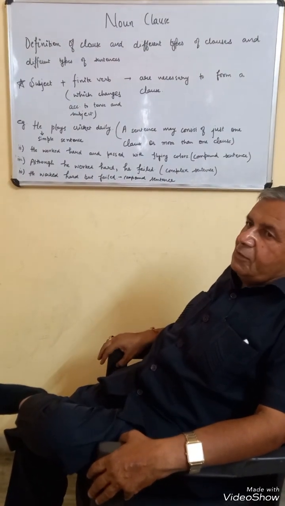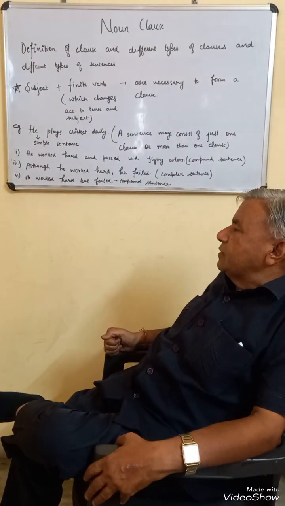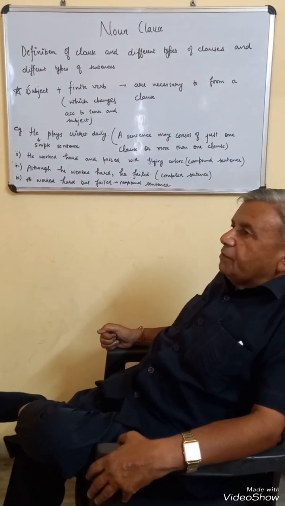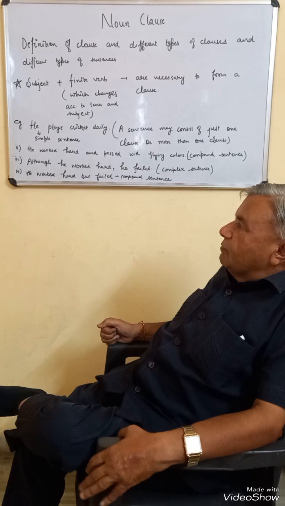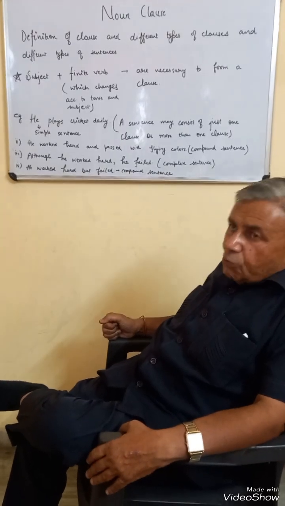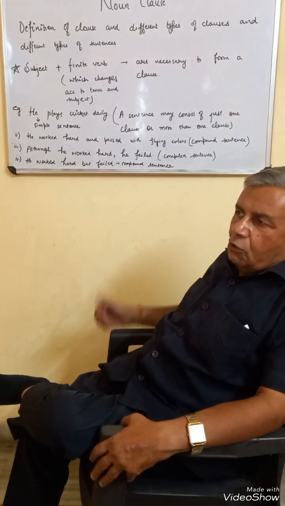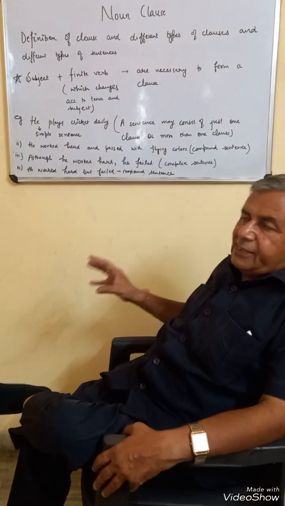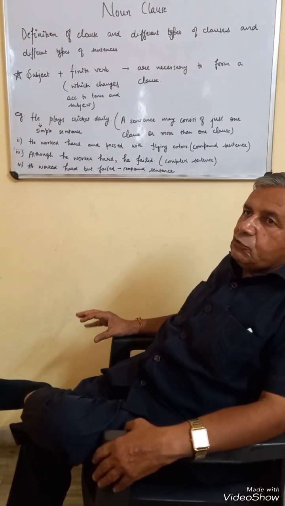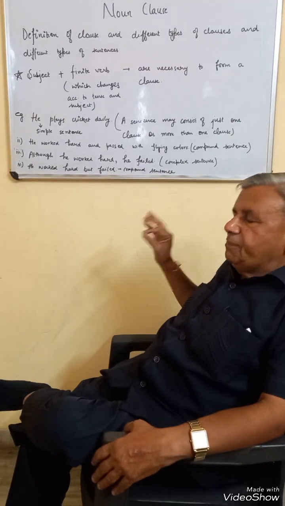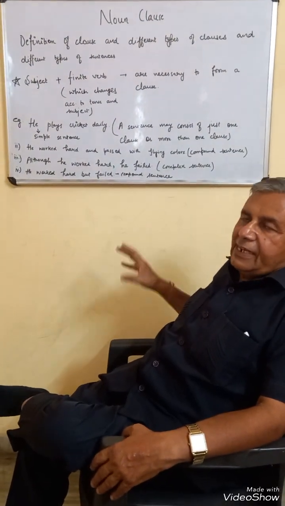And then there is another type of sentence in which we have one main clause and the other one is a dependent clause or subordinate clause. A dependent clause has no meaning of its own. In order to make it meaningful, we will have to have some independent clause in the given sentence.